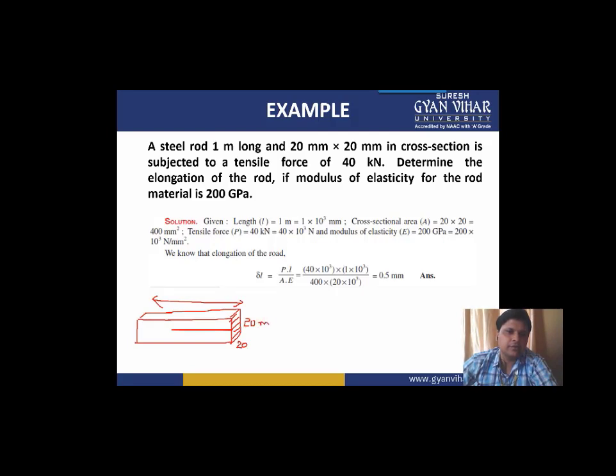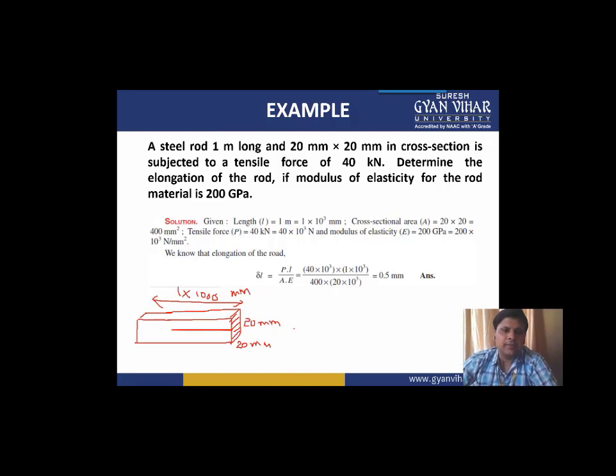Since this unit is in mm, this length given as 1 meter should also be in mm. So we will multiply 1 meter by 10 to the power 3, which gives the value in mm, meaning 1000 mm is the length.